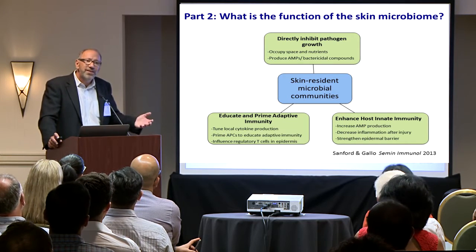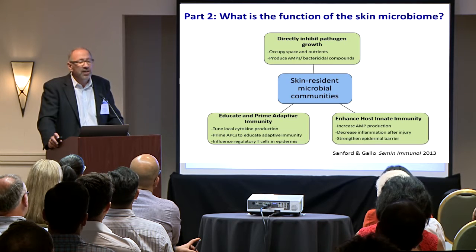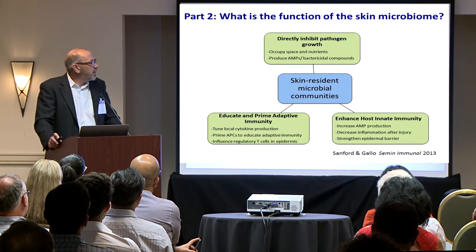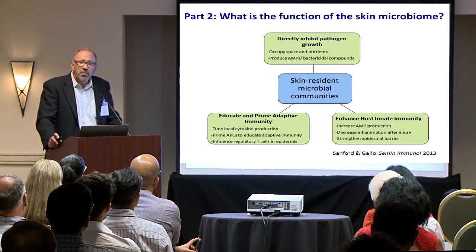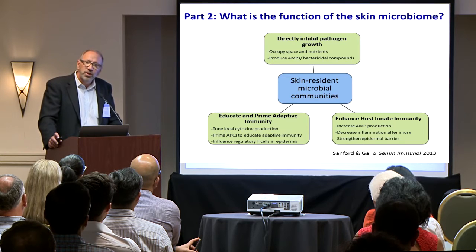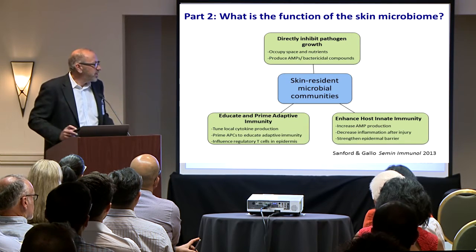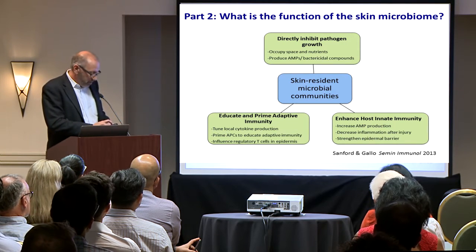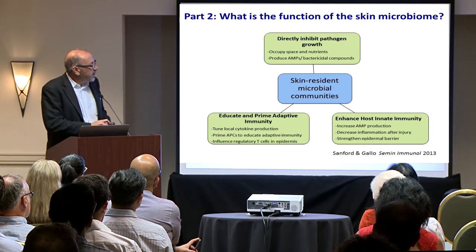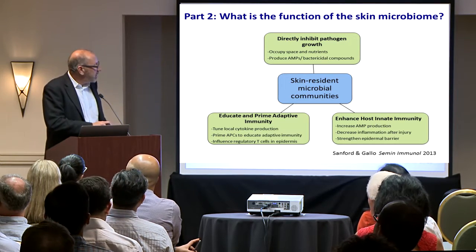There's been a tremendous amount of preclinical data accumulated over the years regarding how skin microbes might be influencing hosts in beneficial ways. Just to summarize the review we published a couple years ago, we like to think about it as three different concepts.